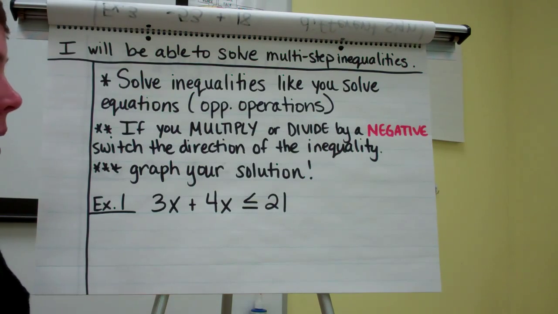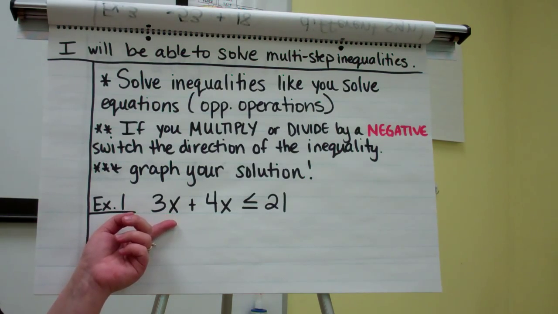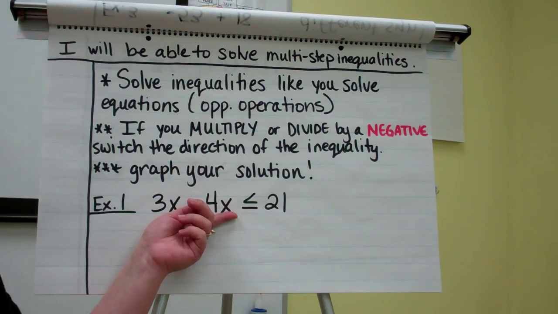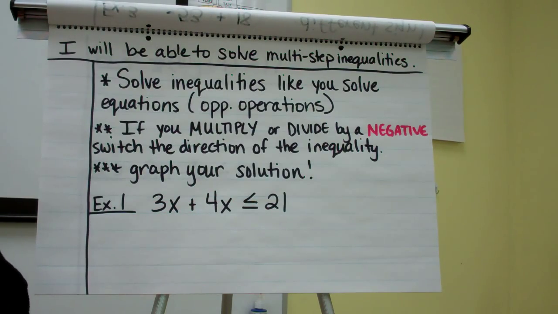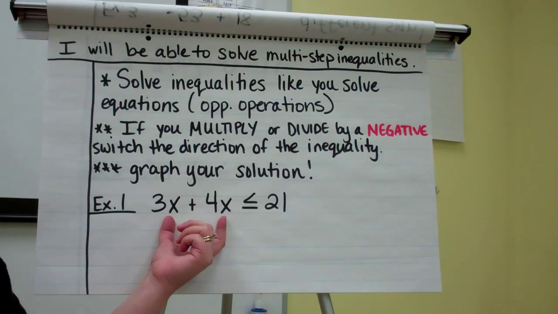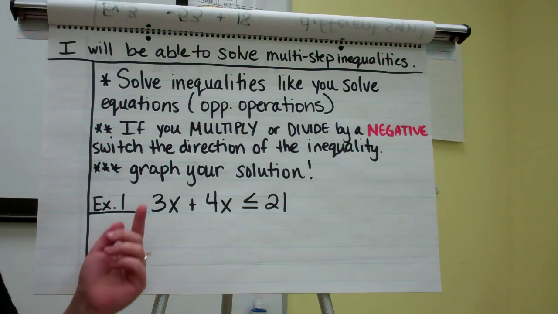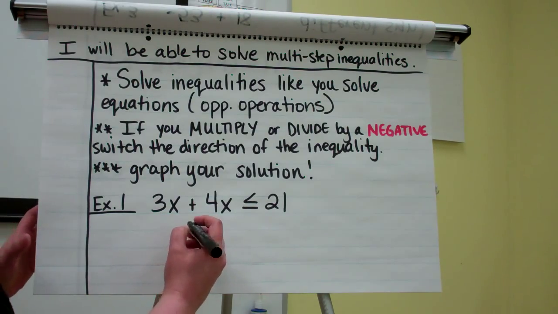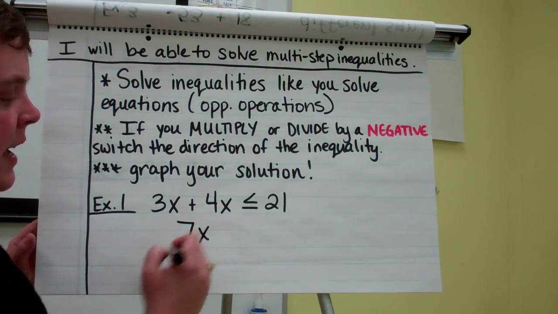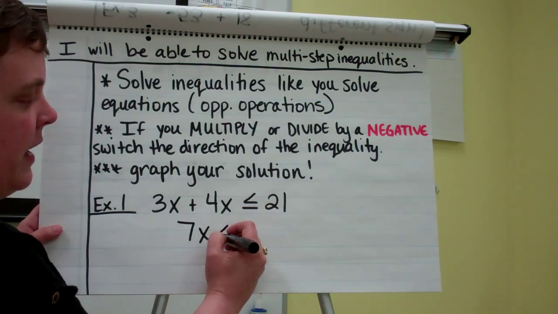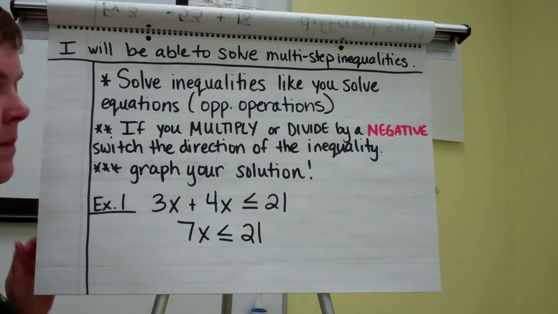So let's look at our first example. I have 3x + 4x ≤ 21. Well, 3x and 4x are like terms, so I know that if I've got the same variable raised to the same power, I can combine those into one term. So 3x's plus 4x's gives me 7x's, and that's still ≤ 21.